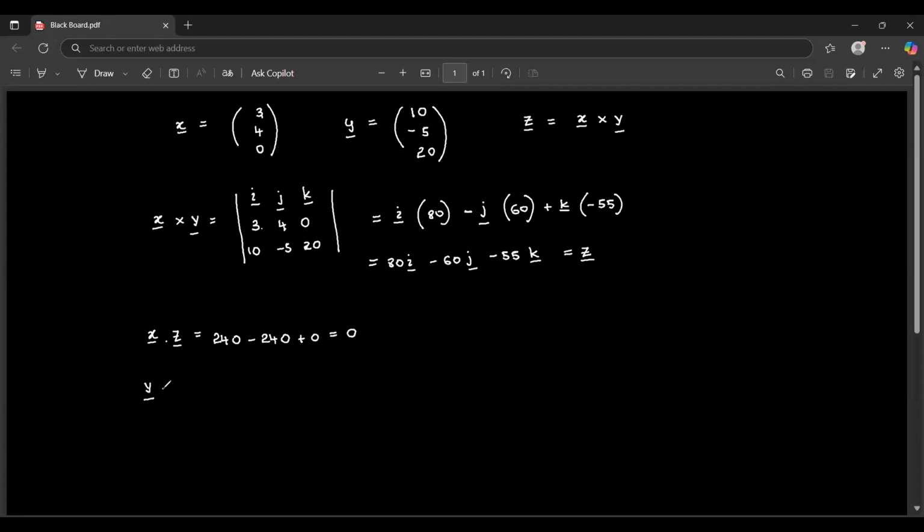Similarly, y dot z can be given as 10 into 80, 800, minus 5 into minus 60, it will be plus 300, and 20 into minus 55, which is minus 1100. It will be equal to 0. Therefore, the answers are correct. So this is what I wanted to cover in this video. In the next video, let's focus on the properties of the cross product.